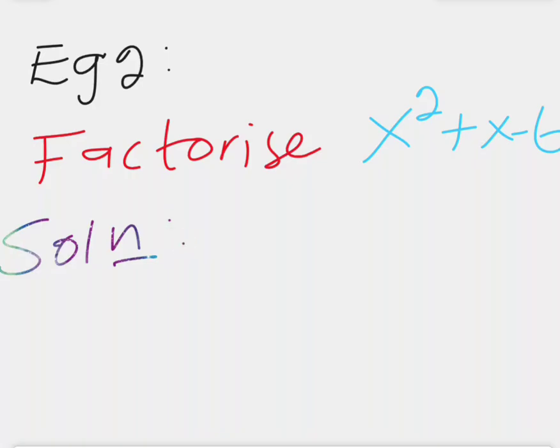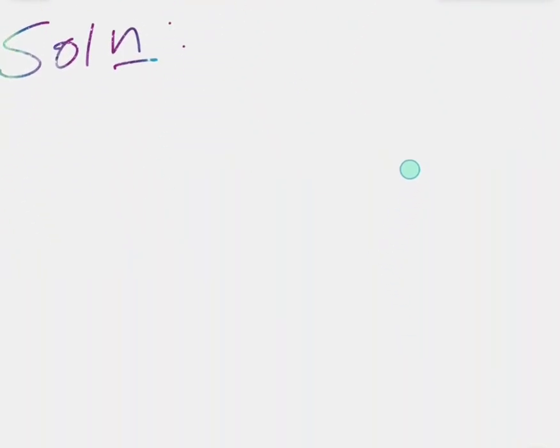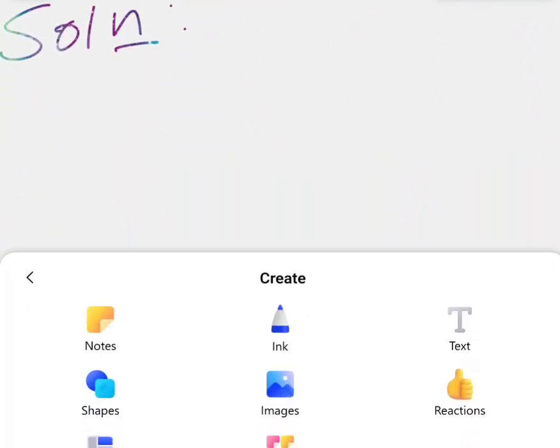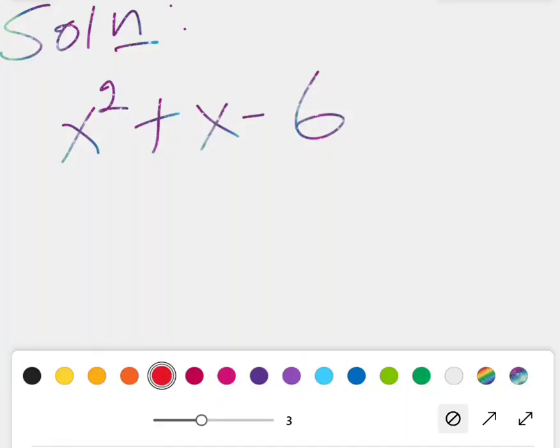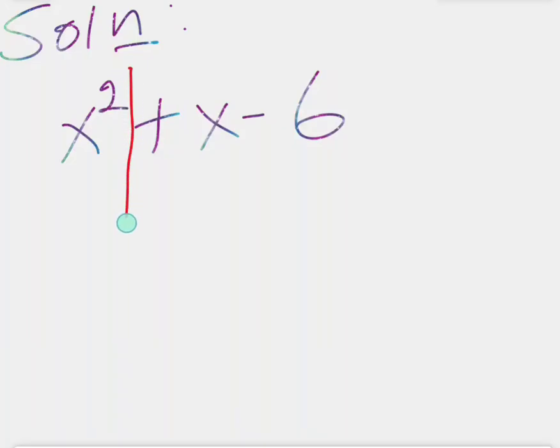Now I'm going to rewrite this expression. To rewrite the expression, I have x squared plus x minus 6. Now what I'm going to do is to break this expression into 3 columns. Hope you remember that.